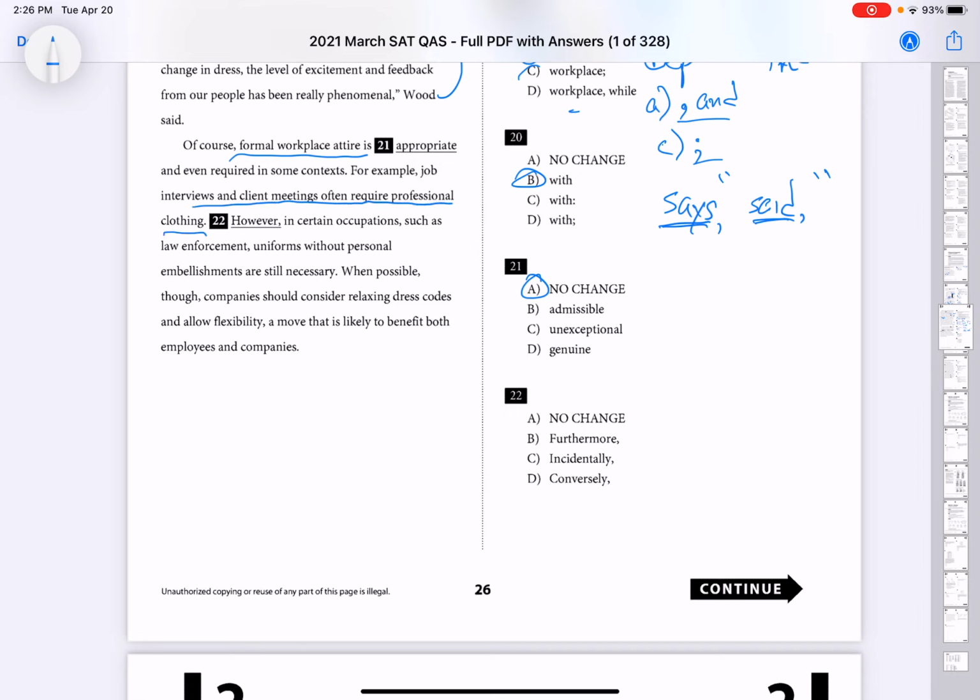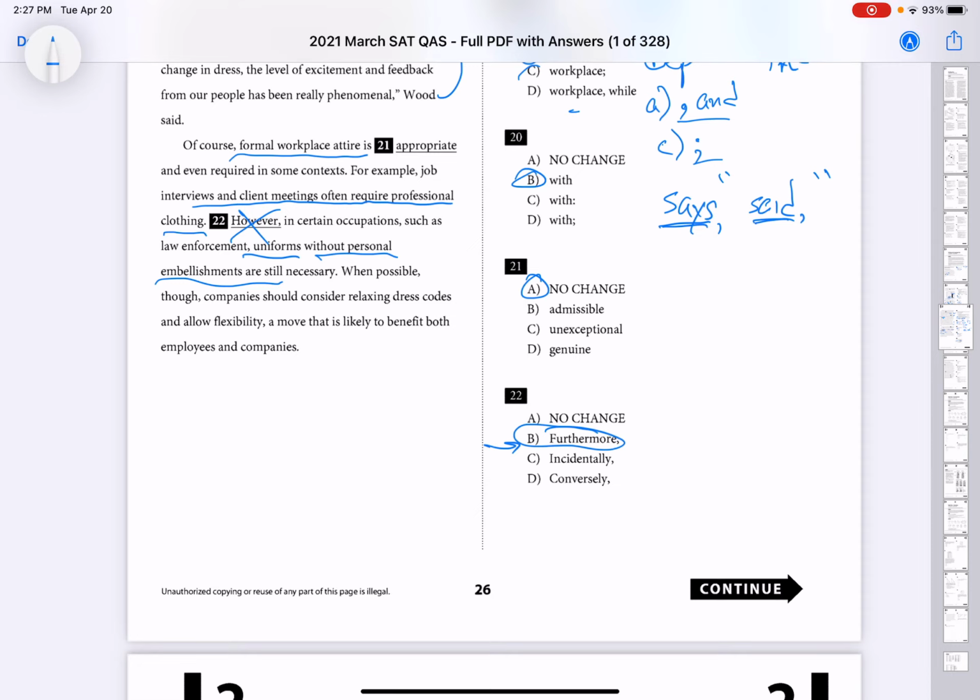And they're giving more detail because they're saying, look, you still need to be more formal, so it should be furthermore. You're trying to provide even more detail. It's not a contrast. If it was a contrast, they'd say, however, there are some places that don't require uniforms. But they're saying such places as law enforcement require uniforms without personal embellishments. So the answer here should be furthermore, to provide further detail.